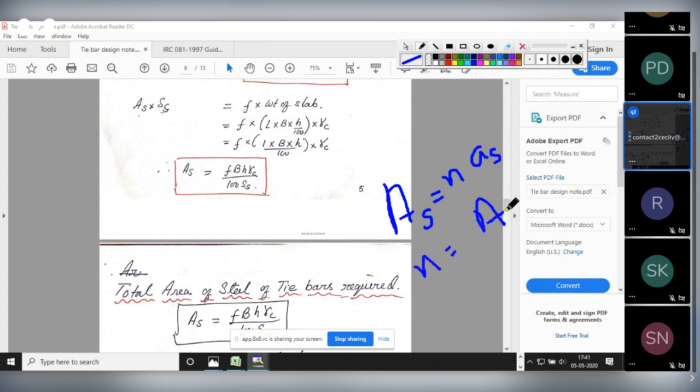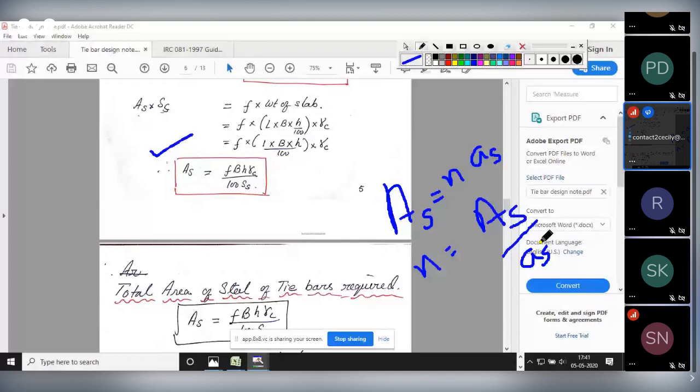Total area by individual area, right? We got this AS from this equation. We got this small as is equal to pi by 4 d square, diameter of bar. So if we divide these two, we will get the number.